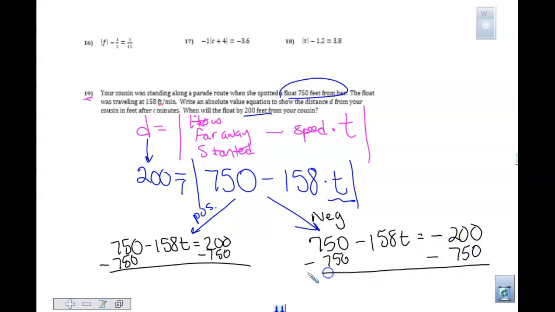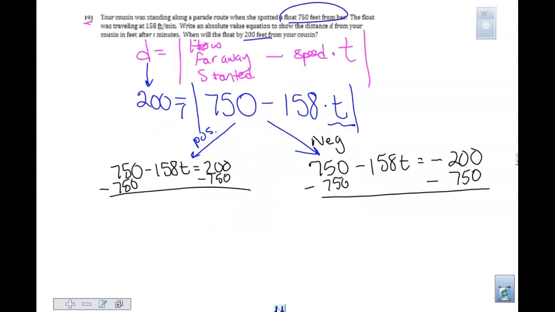Am I getting two totally different answers when I do that? For sure. You need to take your calculators out. It shouldn't be too bad for you. 158t equals negative 550. You're probably going to want a calculator for the division. In that first case, what are you going to have, Sophia? Negative 158t equals what?